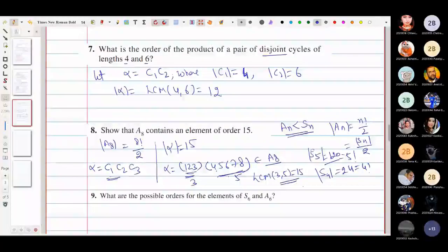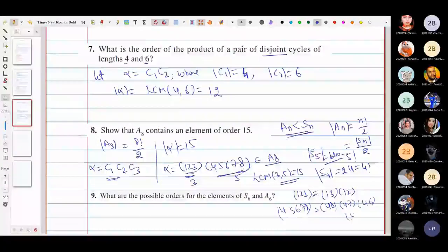Or else we can write (1 2 3) as (1 3)(1 2), and (4 5 6 7 8) as (4 8)(4 7)(4 6)(4 5). So how many transpositions? There are 2 and 4, that is 6. So this is an even permutation, and certainly it is in A8.